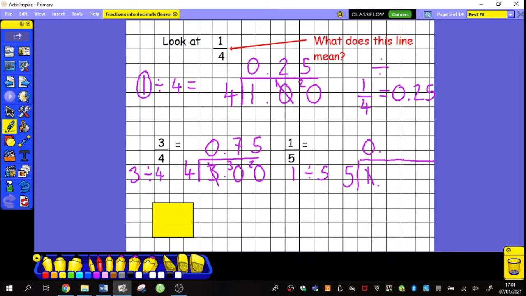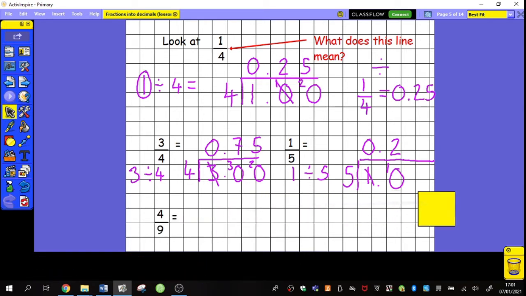So I carry that 1 the other side of my decimal point, and the other side of the decimal point would be a 0. So 5s now into 10. That's nice and easy. Goes 2. And that's it. No more needs to be done because I've got no more remainders, because 5 times 2 is 10. So 1/5 must equal 0.2.